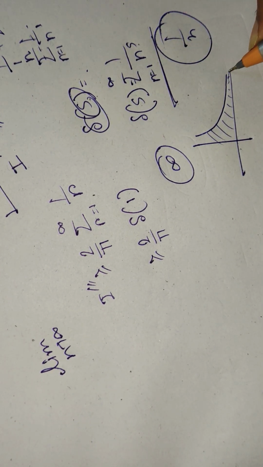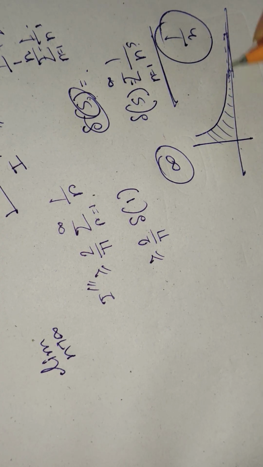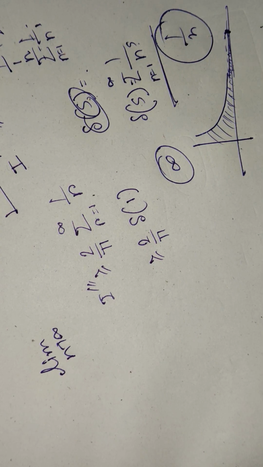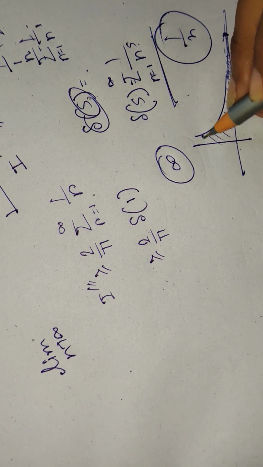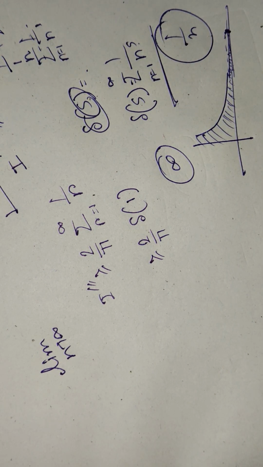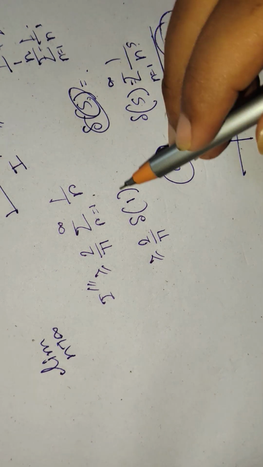The area is tending towards 0. I mean, not 0, but we will say that the area is not infinity. But hopefully you understand one thing: we are not talking about the area, we are talking about the summation of 1 by r.